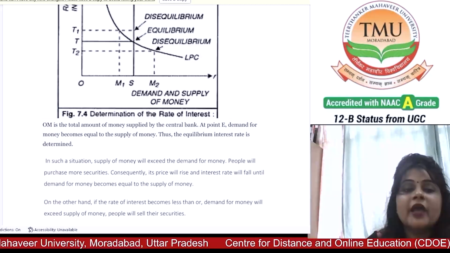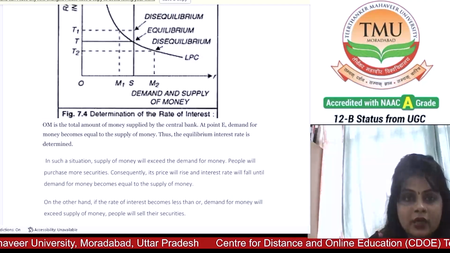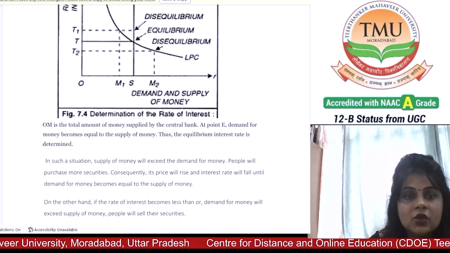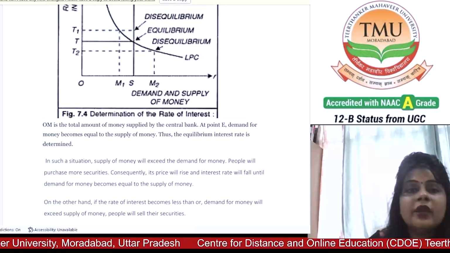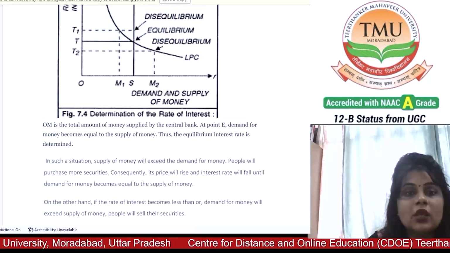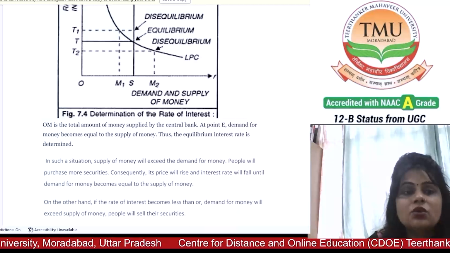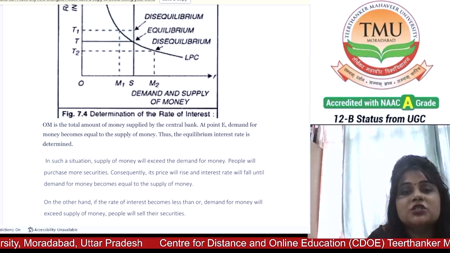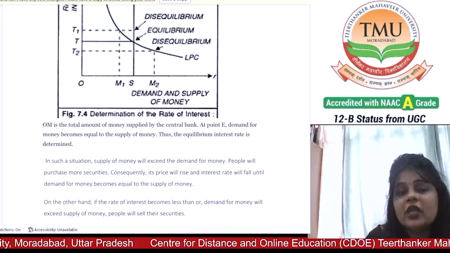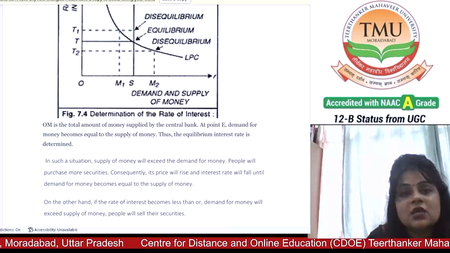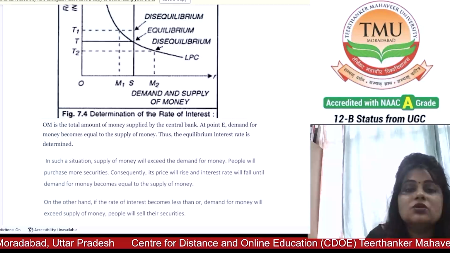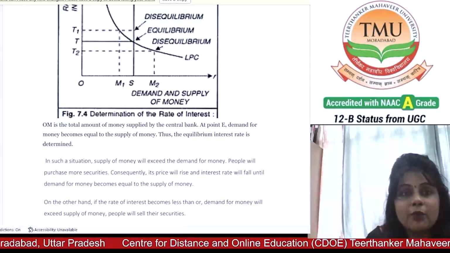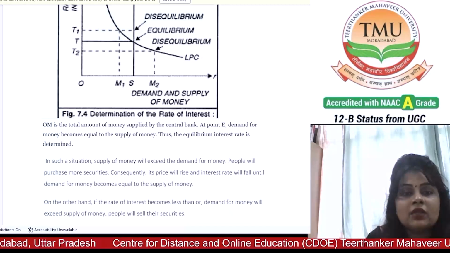Both curves intersect each other here, where you see the equilibrium, and the equilibrium rate OT is established. If there is any deviation from this equilibrium position, an adjustment will take place through the rate of interest, and equilibrium will be re-established at the point T1.